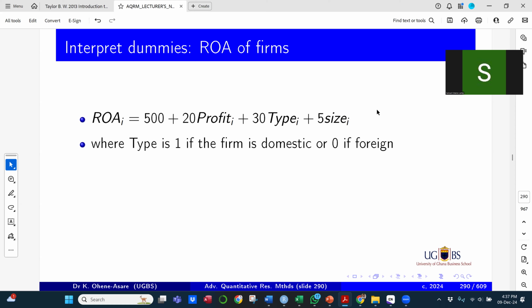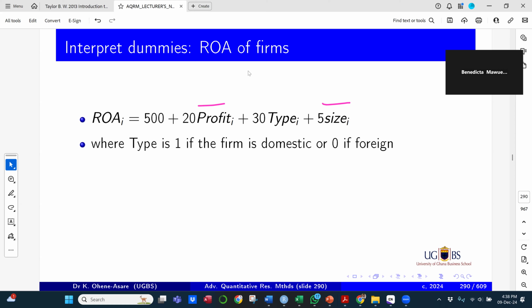ROA will be different if the type is different. So first of all, you don't want to be using increasing of the type of the firm and then increasing the ROA. So that's what the good friend said, that given the profit and the size on average.